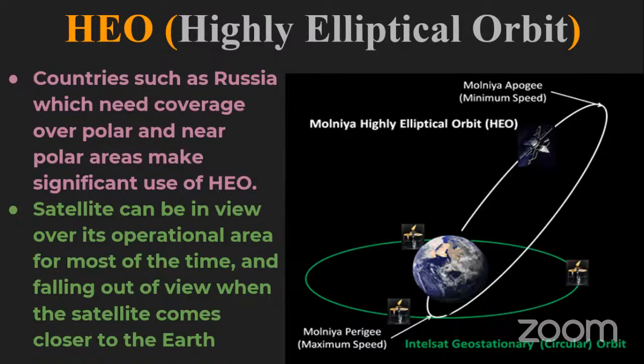The three types of basic orbits were LEO, that is low Earth orbit, MEO, that is middle Earth orbit, and GEO, that is geosynchronous orbit. Now the next is the highly elliptical orbit. Countries which are near the North Pole, okay, near the South Pole there is Antarctica, where no one is living.